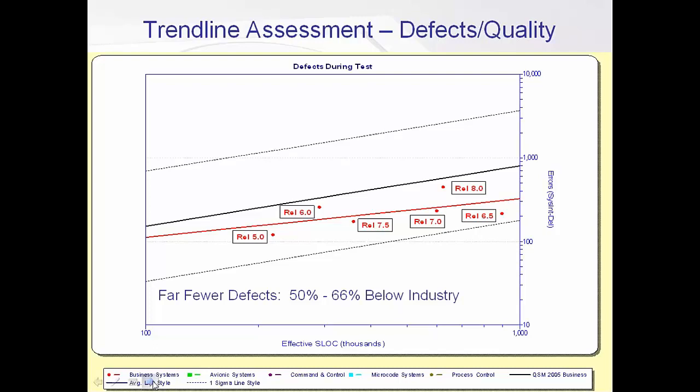So where industry was seeing, say, 100 defects, they were seeing 34. As a QA professional, think about that. You could be dealing with 3 times the amount of bugs through the pipe, or 1/3.